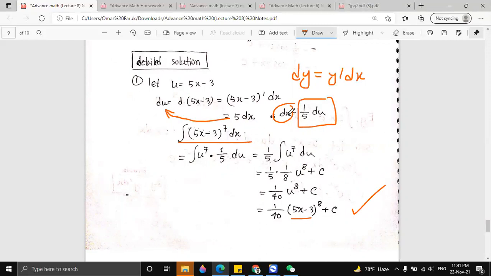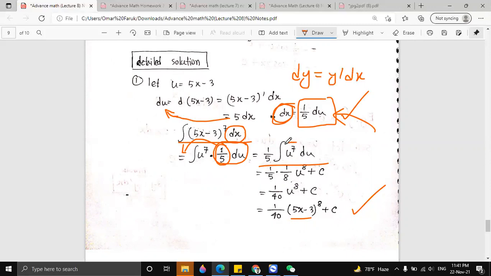And we already found the value of dx. dx is 1 by 5 du. So now in place of dx we write 1 by 5 du. Then just take this constant out of the integration sign. So we get 1 by 5 u to the power 7 du.